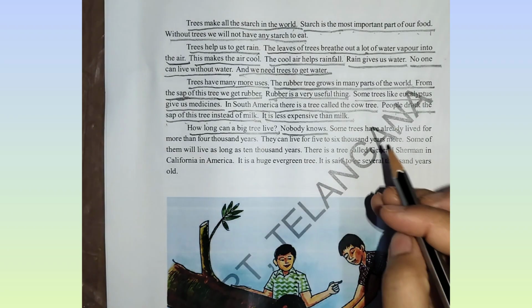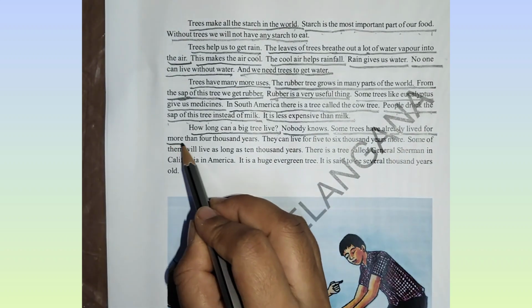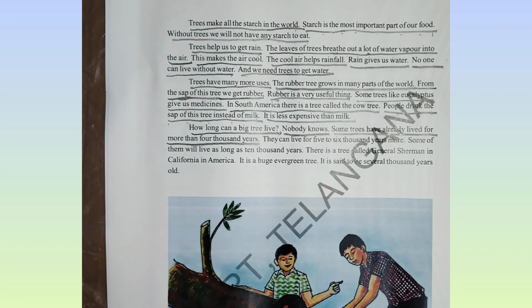Some trees have already lived for more than 4,000 years. There are trees more than 5,000 years old, and also trees hundreds of years old.